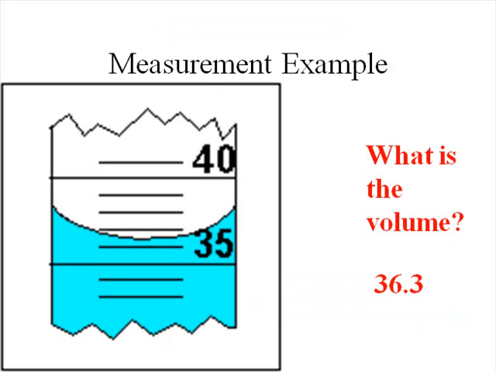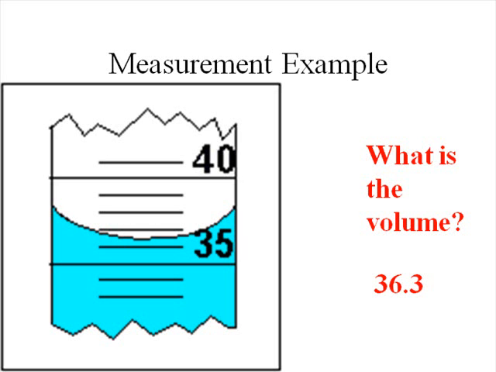Here's yet another example. This is on a graduated cylinder. You will notice the increments 35, and you can go up the lines to get to 40. Now yes, it is expected of you as a person to be able to figure out that each of the smaller hashes is worth a value of 1. And the way you do that, you just simply count it and check it.